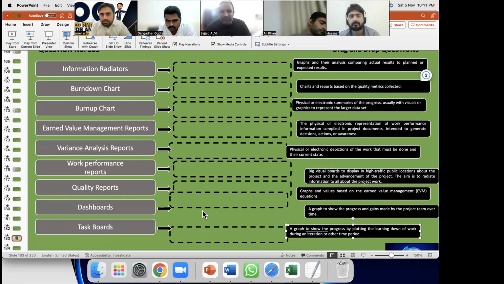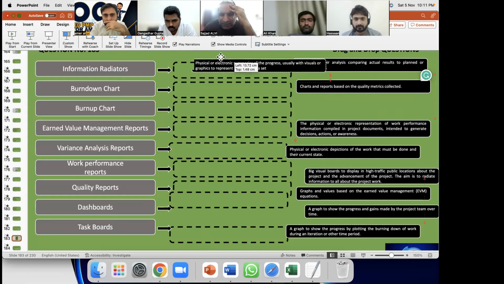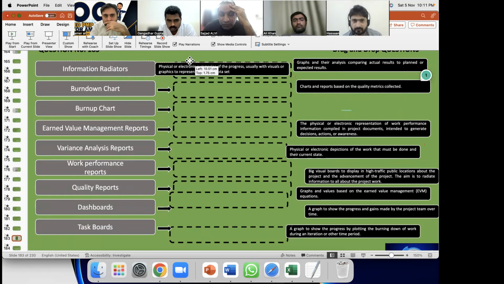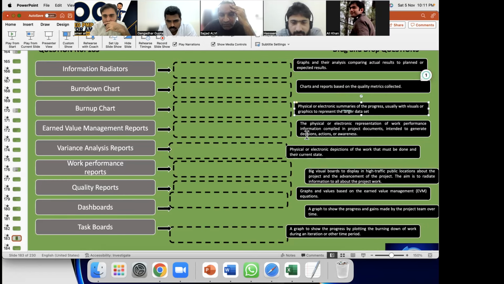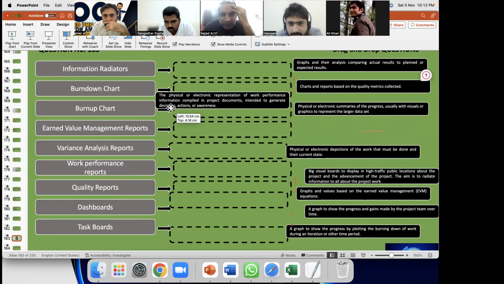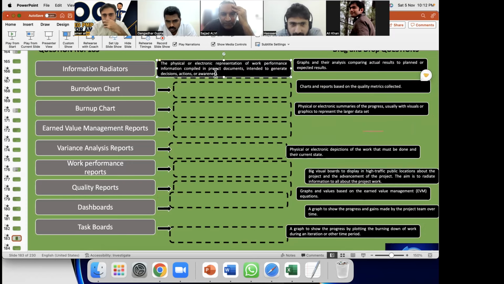For me, this is the physical, it could go to information radiators. The physical and electronic representation of the performance, the charts and reports based on the quality metrics collected.